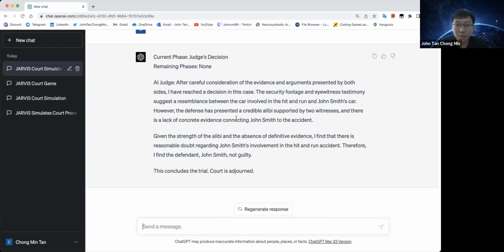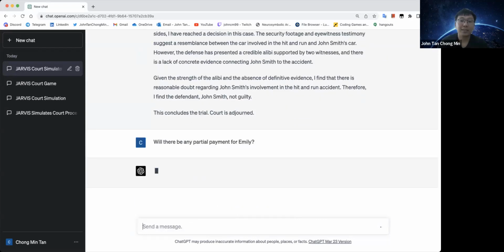Like over here, you can ask the judge more after the case has ended, like why, or we can ask, will there be any reimbursement or any partial payment for Emily?